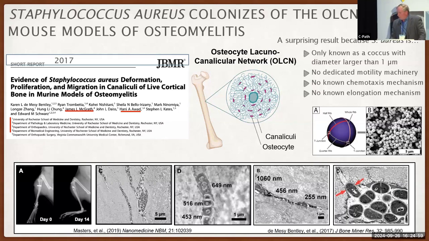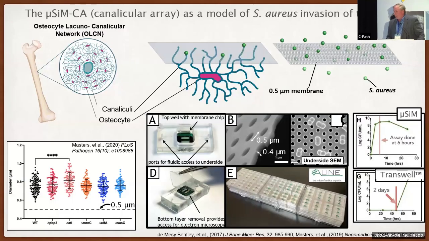So as part of the original discovery of the fact that Staph aureus could do this, we were asked to develop a simple system to show that Staph aureus has this capacity to change into a non-round shape and squeeze through small confines. And we did this by making a simple transwell-like system in which the pores were all the same size and all smaller than Staph aureus has ever been seen to be. And you can see the data validating all that.